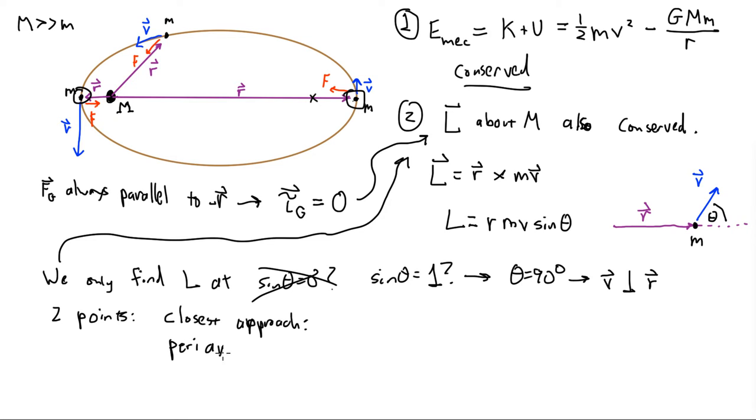Peri is Greek or Latin meaning close, and apsis, I'm not sure. But periapsis is the closest approach. If the primary body is the sun, it's called perihelion, and if the primary body is the Earth, it's called perigee. But periapsis is the general term for any orbit, so periapsis is always correct. Perihelion and perigee are only correct if it's the sun and Earth.